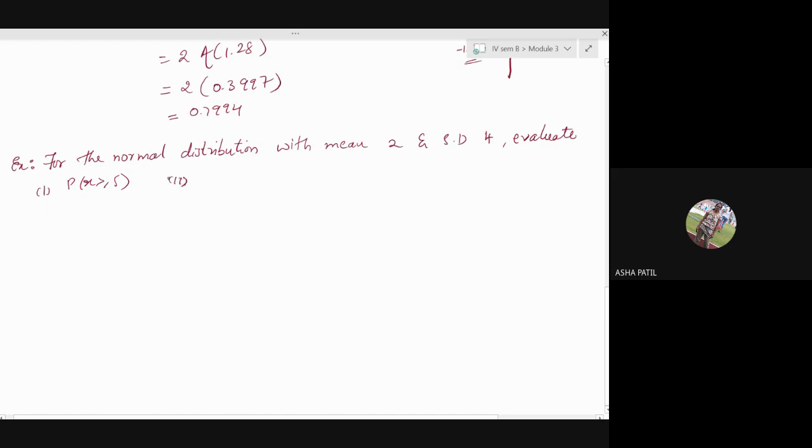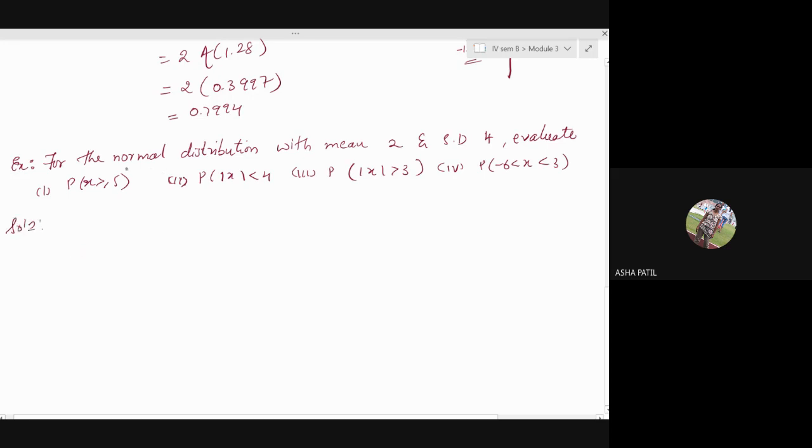Second, probability that mod x is less than 4. Probability that mod x is greater than 3. Probability that minus 6 less than x less than 3.